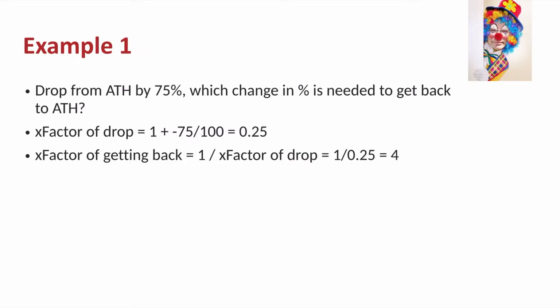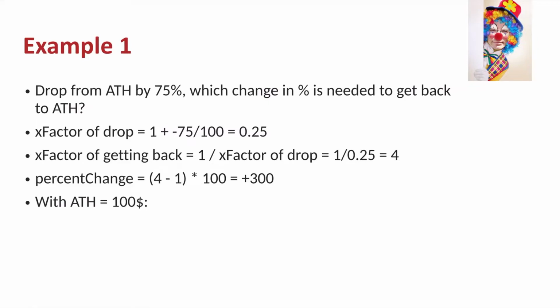This is 1 over 0.25, which is 4. And the percent change is the X factor minus 1 times 100. So 4 minus 1 times 100, and this is 300. So the change which is needed afterwards in percent to get back to this all-time high is plus 300%.